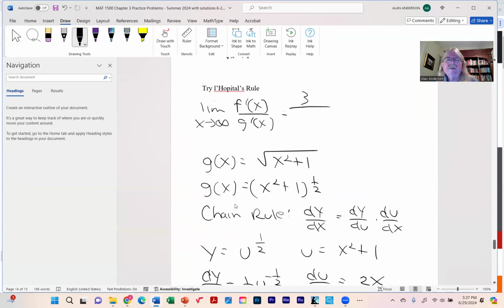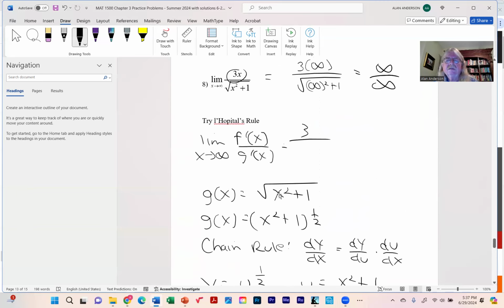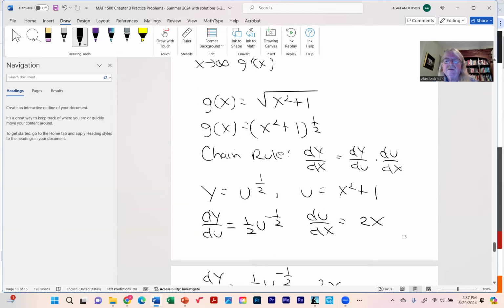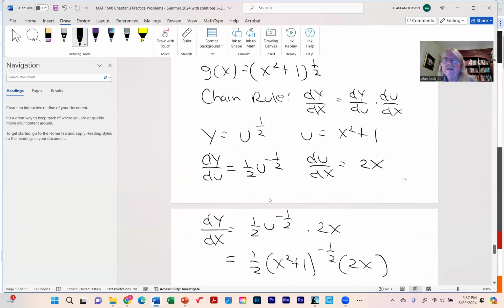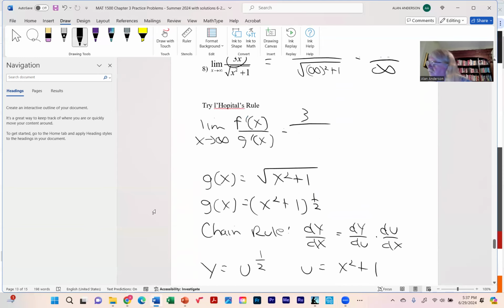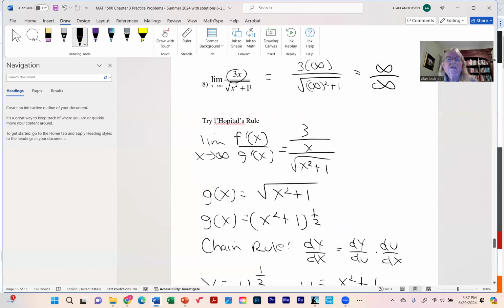All right, let's go back and grab the original. Oh, you know what I forgot to do? I forgot to plug in this x over radical x squared plus 1. Okay. Let's try the division approach.